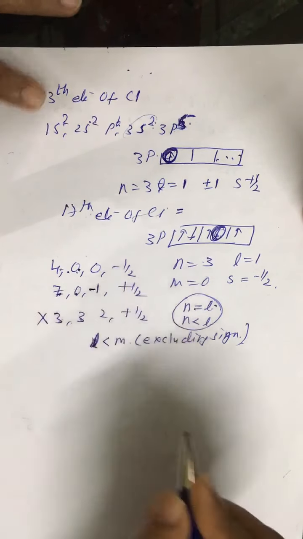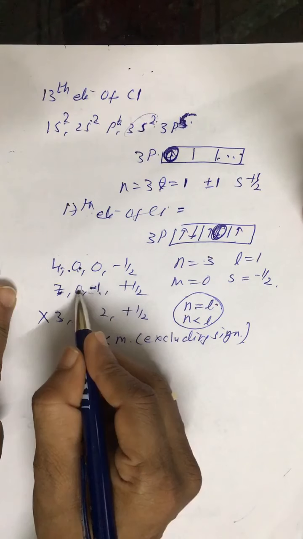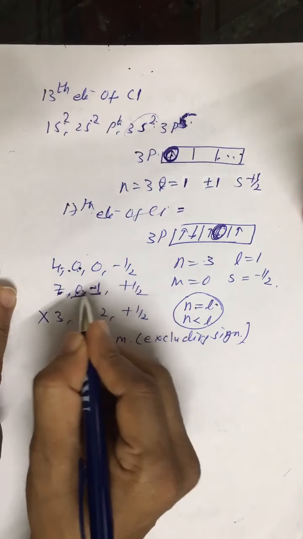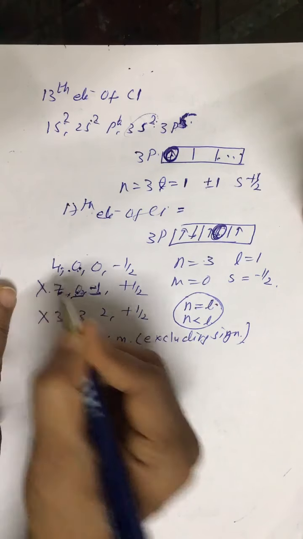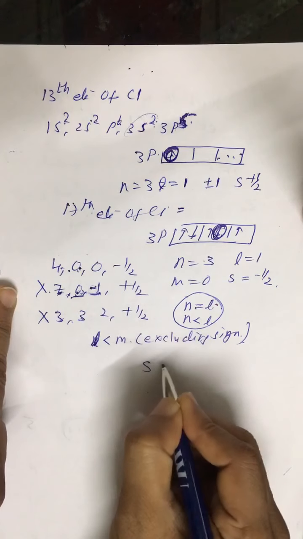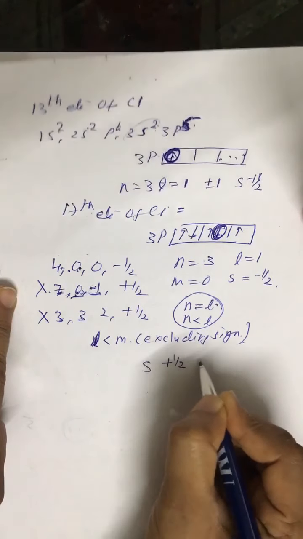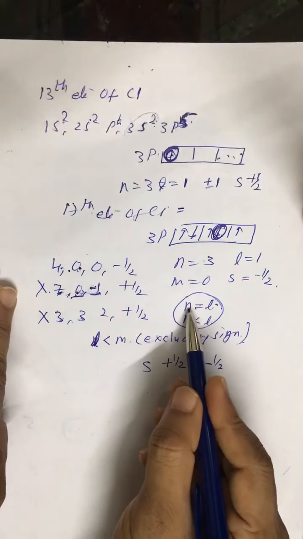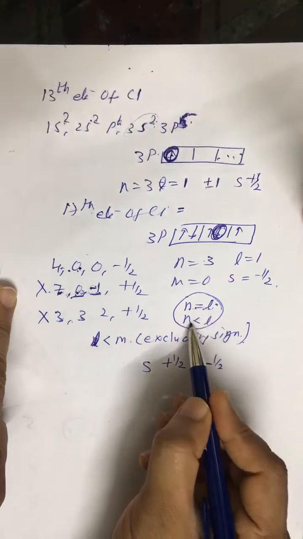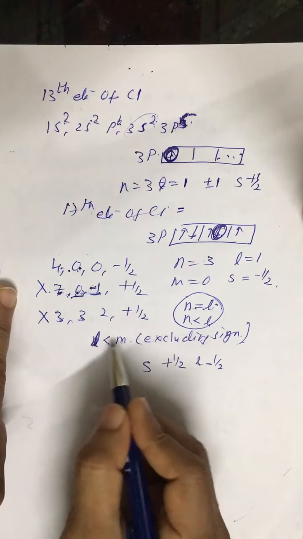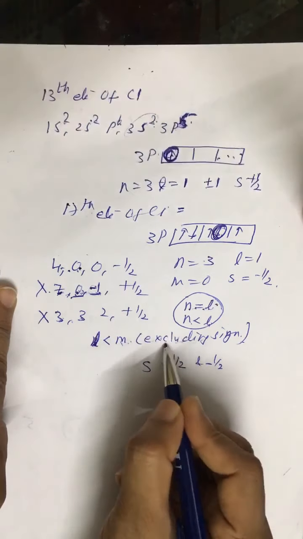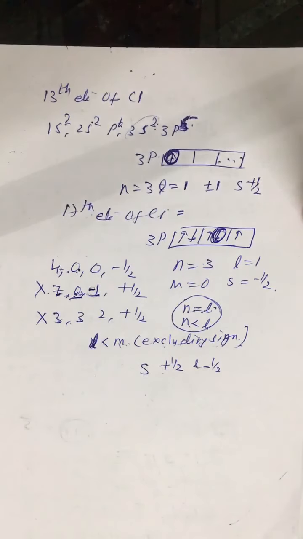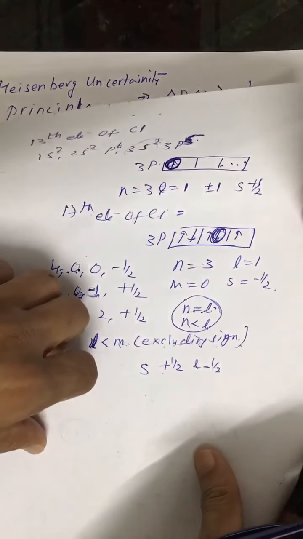Exclude this sign and then compare L with M. In this case, L is less than M, that means this set is impossible. And a spin quantum number other than plus half and minus half is impossible. So first check whether N is equal to L, impossible; N is less than L, impossible; and if L is less than M, but be careful, it should be excluding sign. These are the types of questions normally asked in examination.